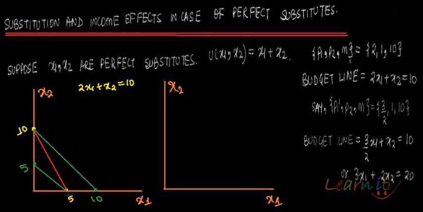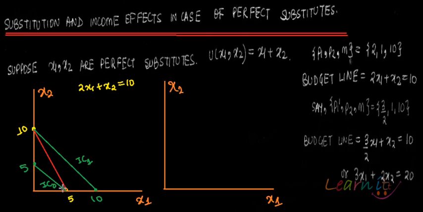Now with the same budget, I can be at a lower indifference curve, or even at a higher indifference curve, such as this. Let me put it like IC0, and this is IC1. With the same budget, I can even draw many indifference curves.